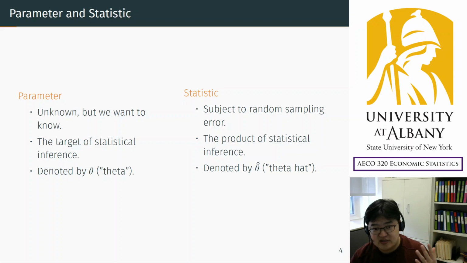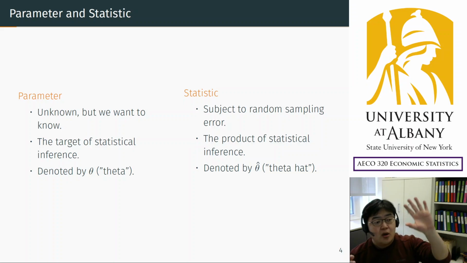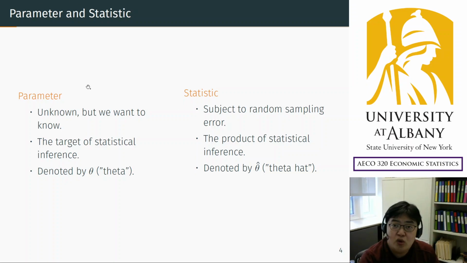When you think of statistical inference, the target is a parameter. You are setting a parameter of interest. That's what you want to guess, right? It's literally a target, and you are shooting at the target, and your arrow or your bullet is a statistic. You guess the value of the parameter with what you calculate from the sample.